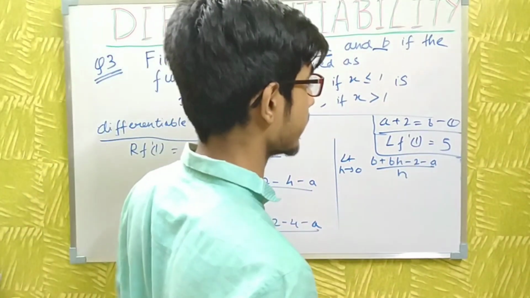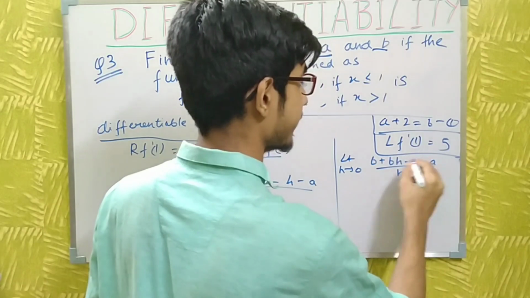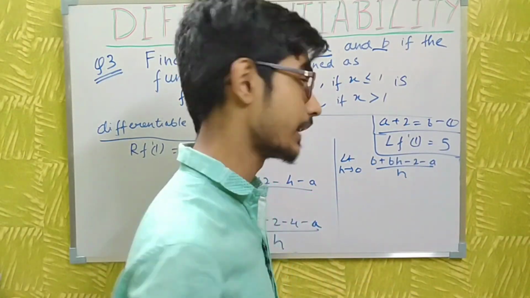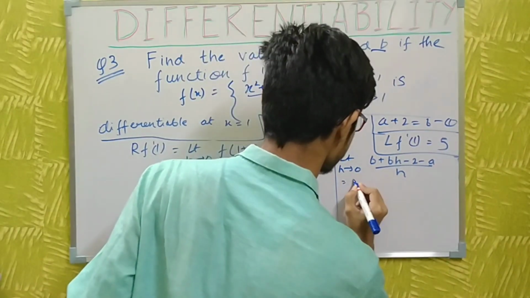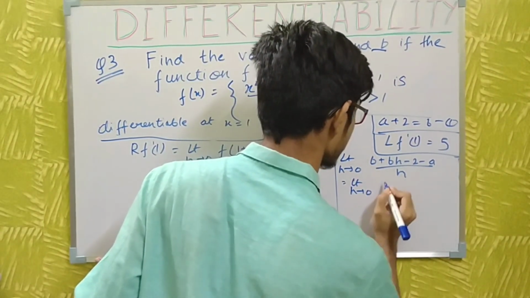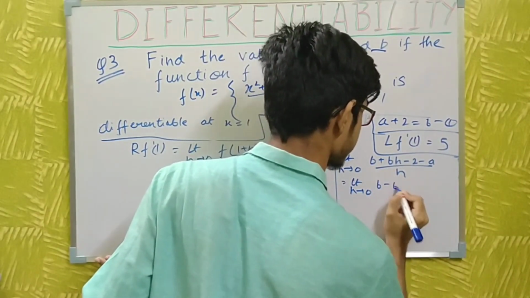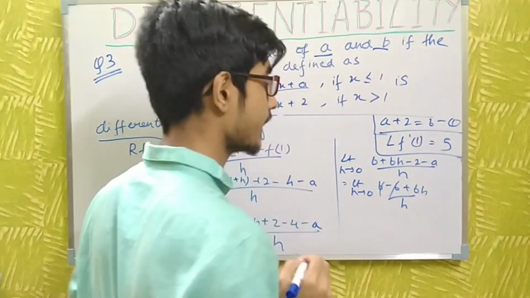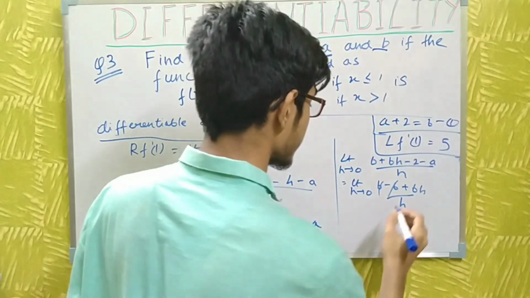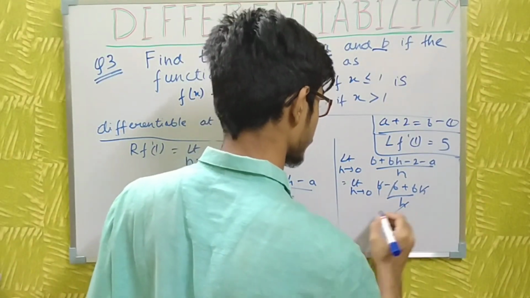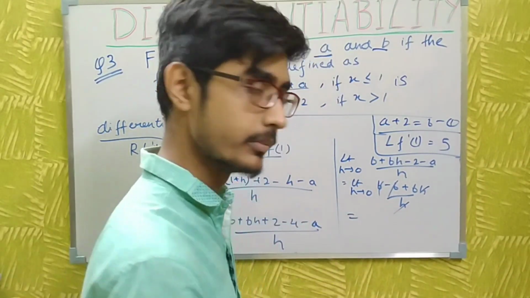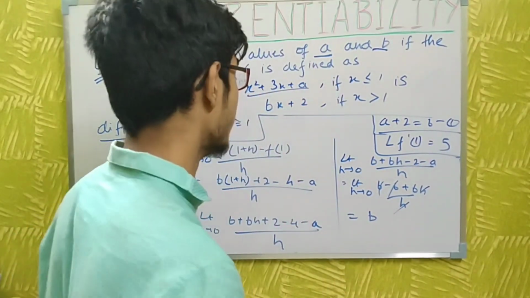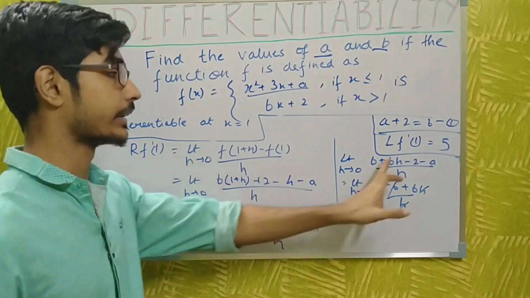So from here I can take minus common, so it will be a plus 2, and as the value of a plus 2 is equal to b, I am going to write here minus b. So it will be the limit h tends to 0 of b minus b plus bh, by h. B and b cancel and it will be bh by h. So h and h will also cancel, so the value of the right hand derivative will be equal to b.